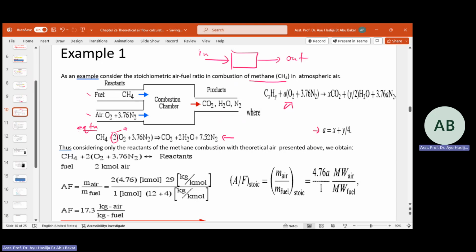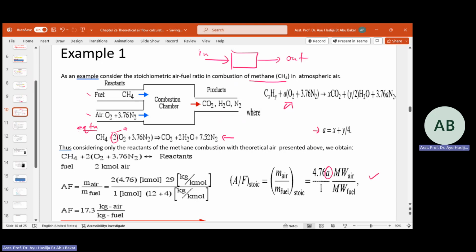Okay, kau nak try balik buat equation? Proceed kan? Okay. Then from there, we need to find the air-fuel ratio. We know that the air-fuel ratio ini dia punya equation, where we need the A. Okay, A ni important.